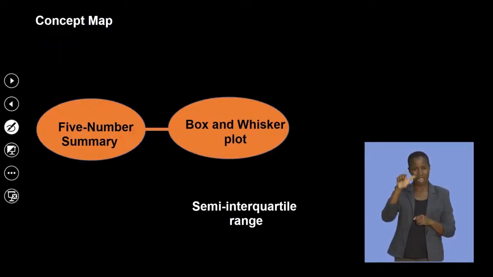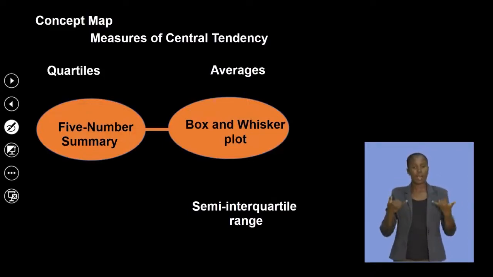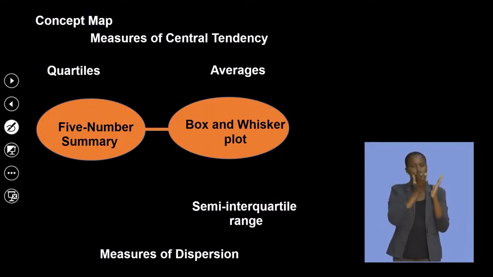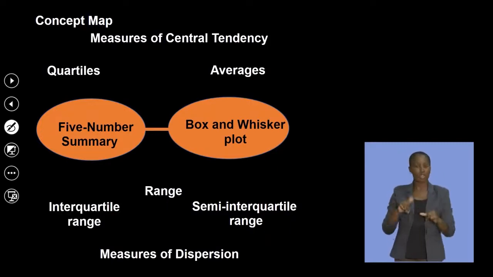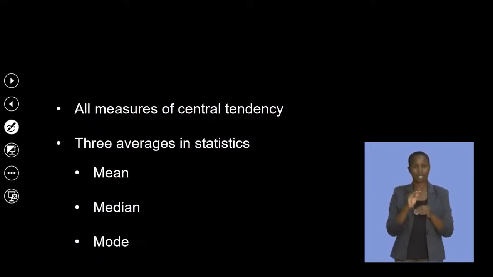Then this is our measure of dispersion: range and interquartile range. Measures of central tendency: quartiles and average. Let's start with average. All measures of central tendency.